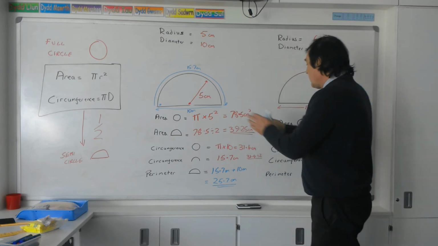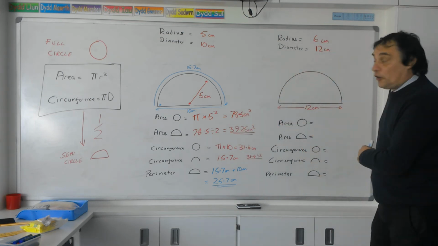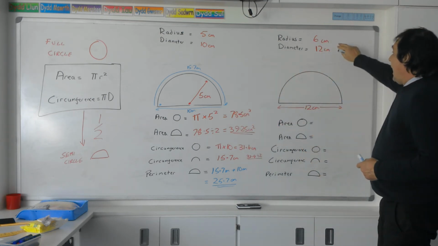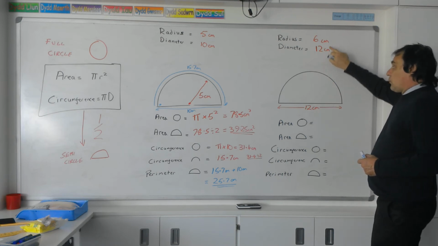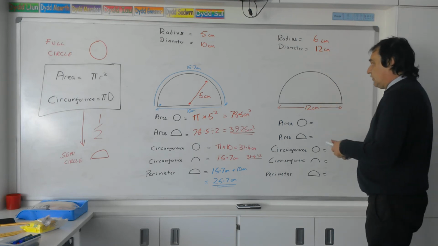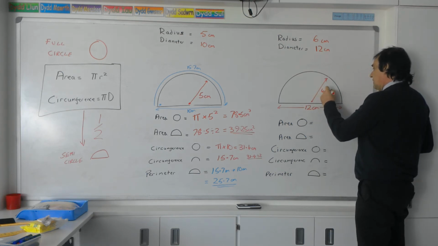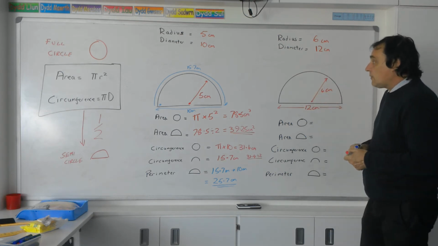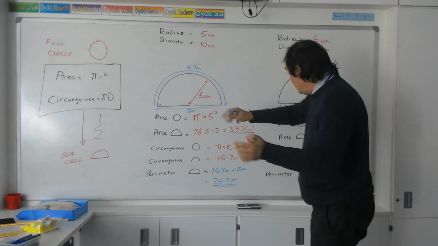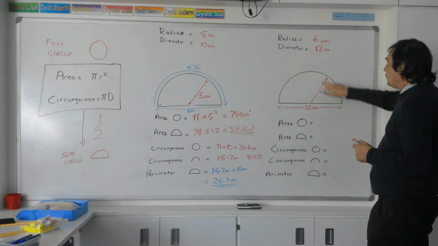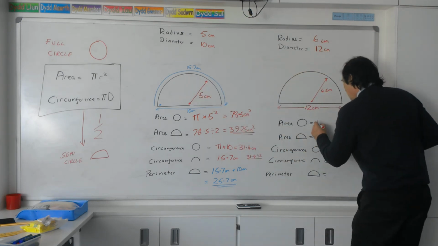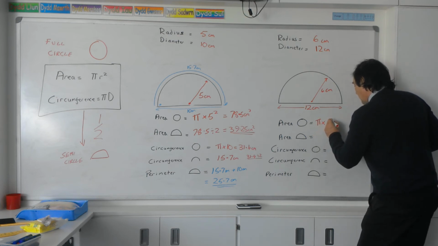Let's try one, exactly the same idea, but this time we've got a diameter. So our diameter is 12, which means our radius is 6. Remember, radius is halfway, so we can call a radius here of 6 centimetres. Okay, area, again, is pi r squared. Do exactly the same thing. Remember, we've got to use the radius for area, so it's going to be pi times 6 squared.